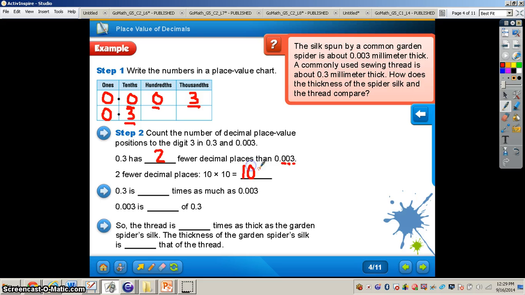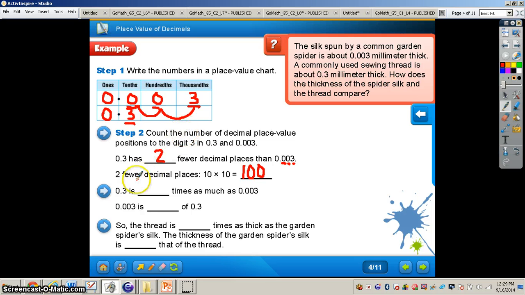Why is it 100? Remember, every time we move to the left on the place value, in other words, hundredths is 10 times greater than thousandths, and tenths is 10 times greater than hundredths, which actually means 100 times greater than the thousandths.